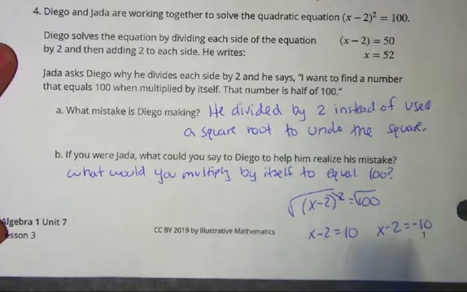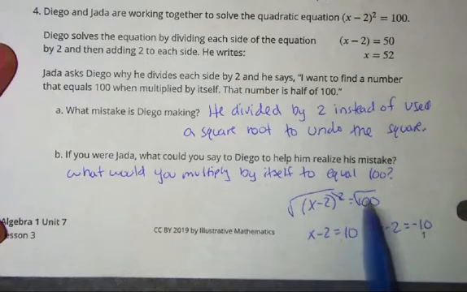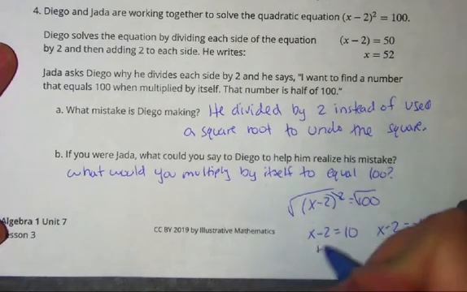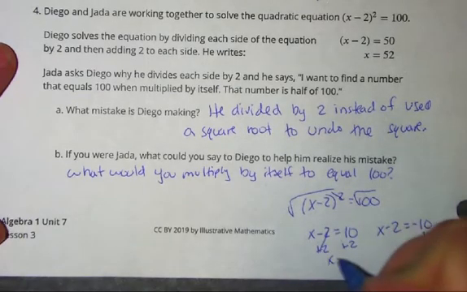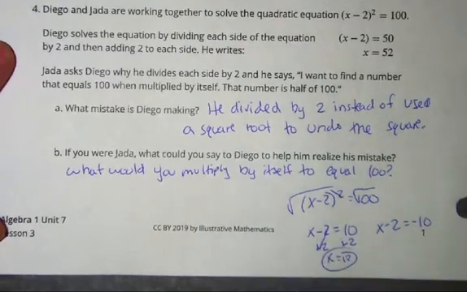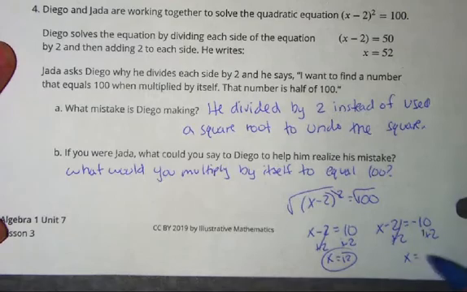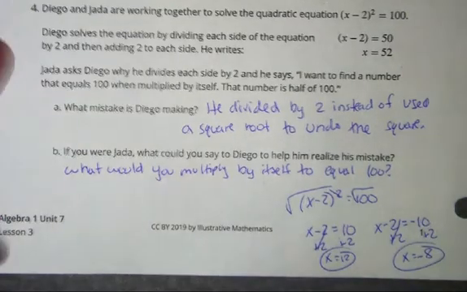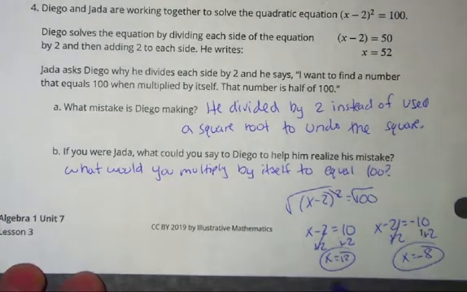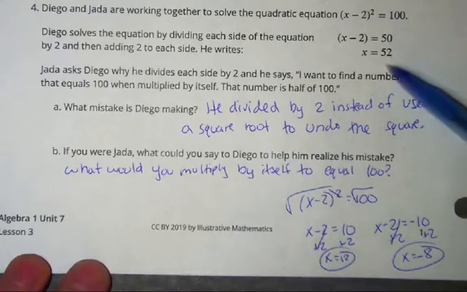So we have to think about both of these. x minus 2 equals 10, and x minus 2 equals negative 10. If we add 2 to both sides, we get 12 there. And if we add 2 to both sides there, we get negative 8. So actually, this is what Diego should have come up with, not his answer of 52.